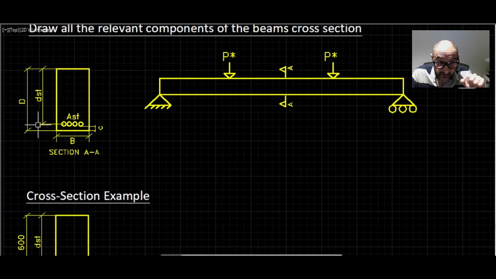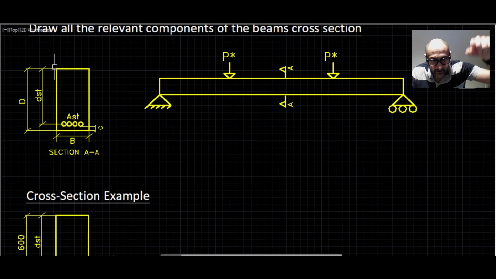The beam effective depth dst, which is the distance from the center of the reinforcement to the top extreme compressive face of the beam. In this case, the beam is sagging, right? So it will be from the center of the reinforcement to the top compressive face of the beam.